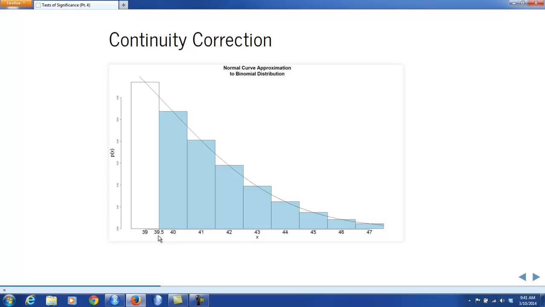So we're going to start at the left-hand endpoint, and since each of these rectangles is centered over whole numbers that are 1 unit apart, each rectangle is 1 unit wide. The left-hand endpoint of the 40 rectangle actually is at 39.5. So we should try to get the area under the normal curve from 39.5 onward. That's a continuity correction.